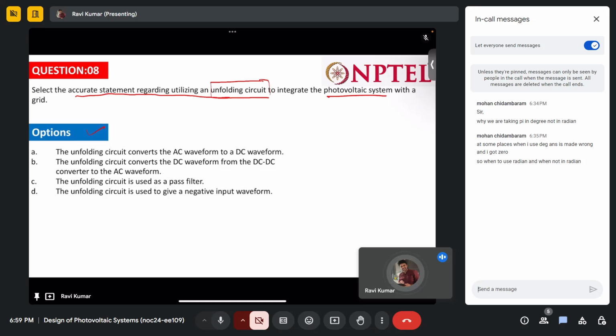The unfolding circuit. What is the role of this unfolding circuit? Something is folding like this and you are unfolding it.